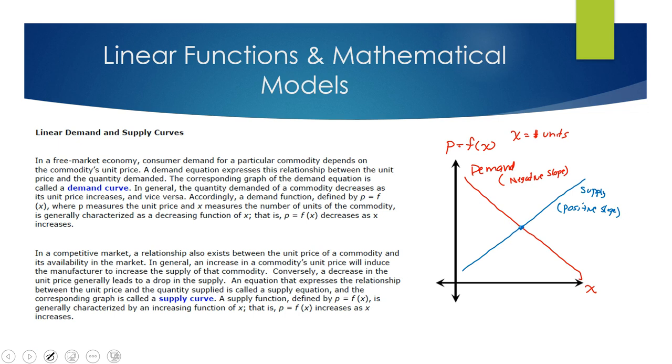This is what we call equilibrium. This is studied a lot more in business calculus too, where you actually have curves other than lines. But an equilibrium is generally the best price to set, because that's going to be a situation where you have the supply and demand being equal to each other.